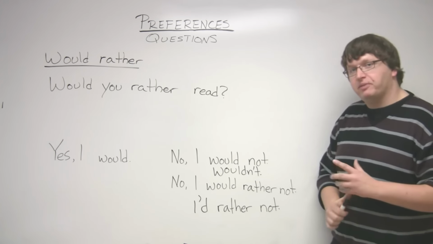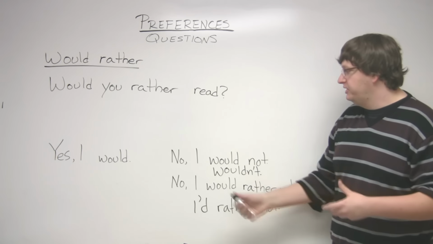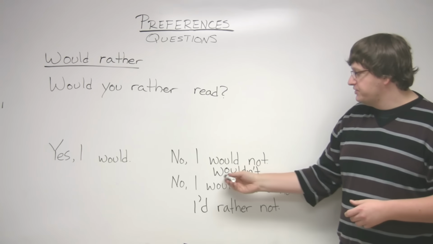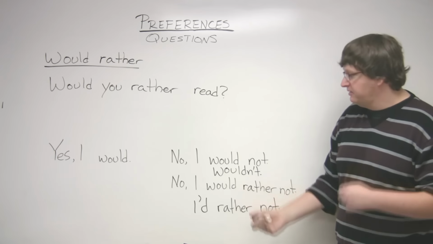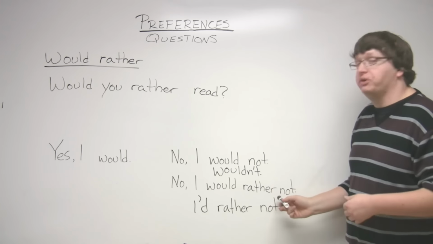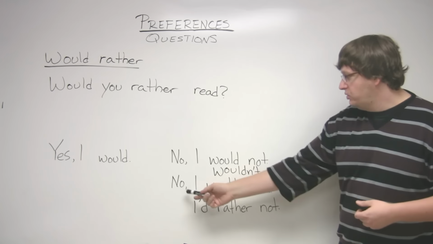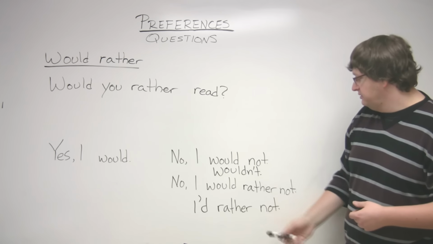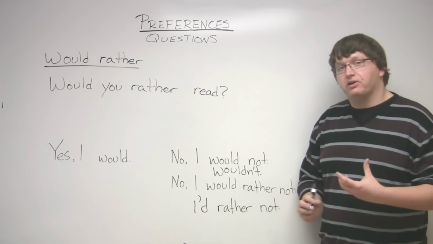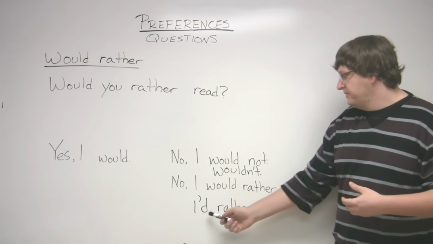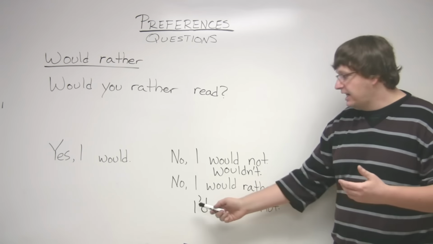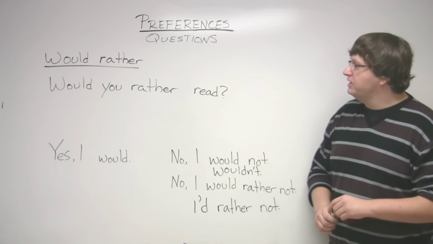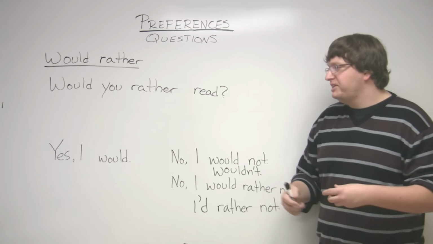Now, it's very important here to look at the contraction we can make. I would not can also be I wouldn't, or no, I would rather not. So no, subject, would rather not. Now this can also be shortened to no, I'd rather not. So again, would you rather read?